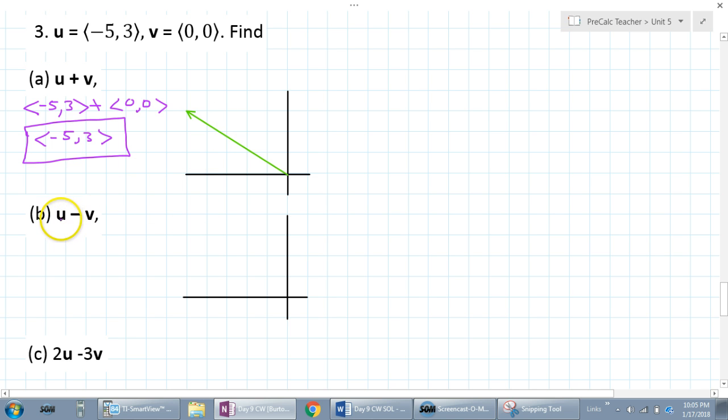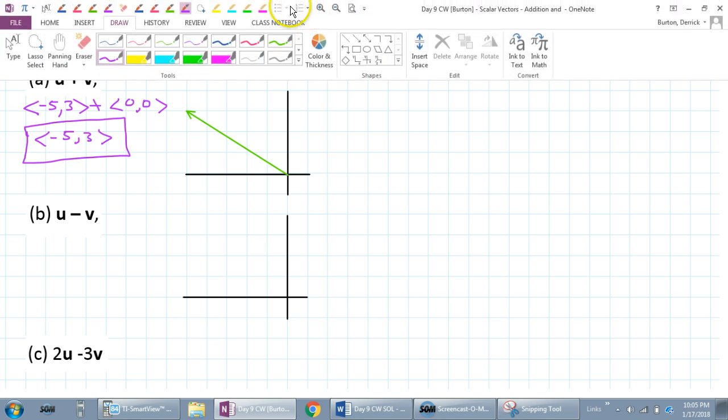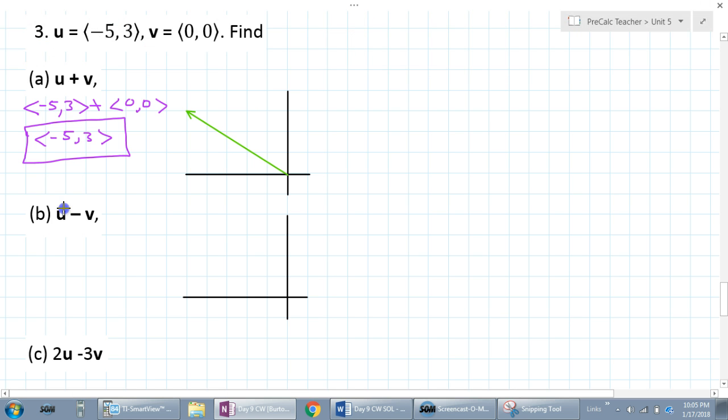If I wanted to do u minus v, it would be the exact same thing. I would start by graphing vector u, which would be negative 5, 3. And normally I would also graph vector v. But in this case, because vector v is 0, 0, there's really nothing for me to graph, and voila, that's the solution.